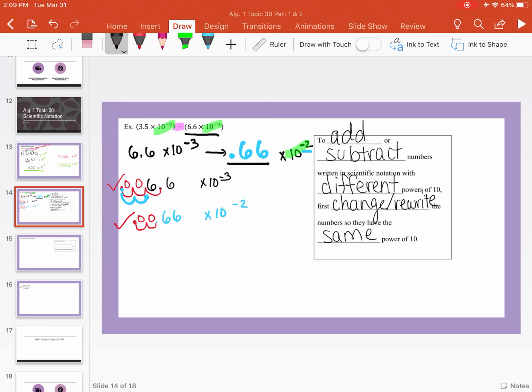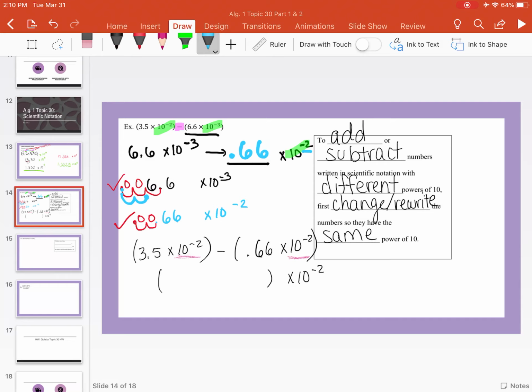Okay, now let's actually go into evaluating this problem. So we have 3.5 times 10 to the negative second power minus 0.66 times 10 to the negative second power. Now, since these two quantities match, I can undistribute and write them out here.